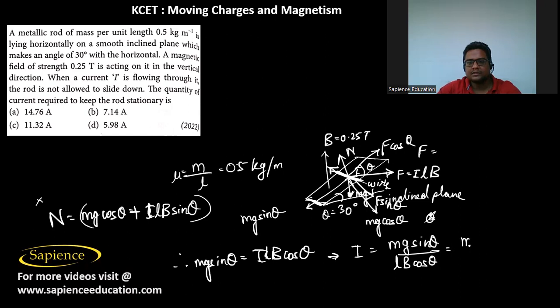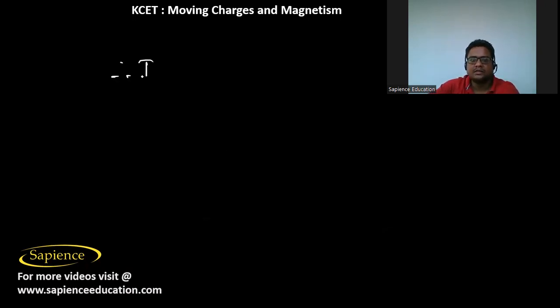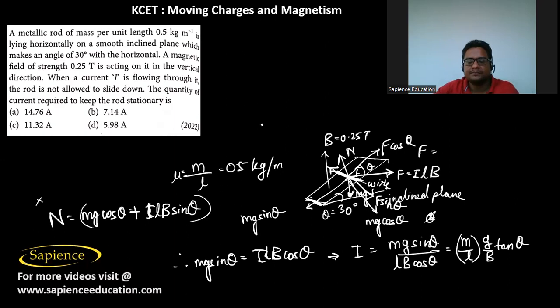This I can write as m by L, which is mass per unit length mu, into g by B tan theta. Therefore, the current I is mu g by B tan theta.